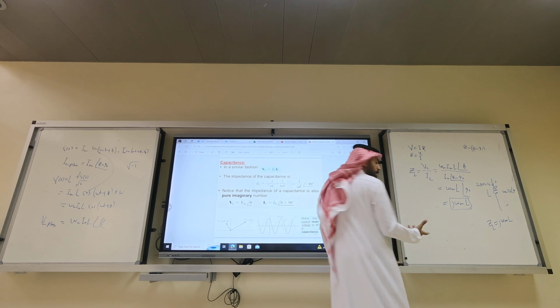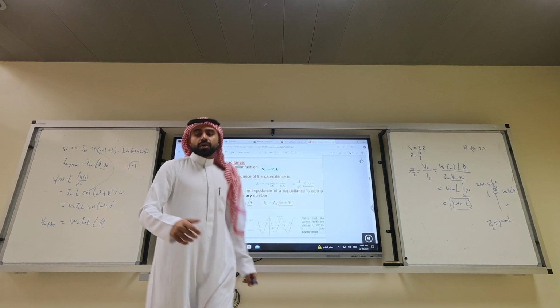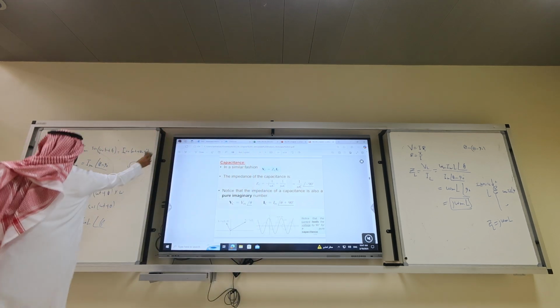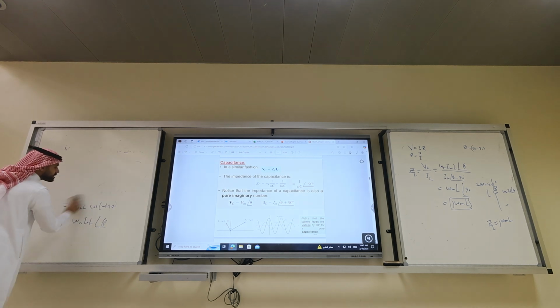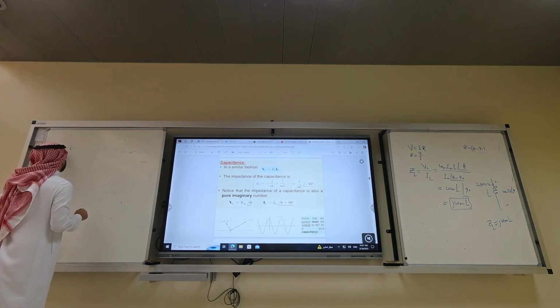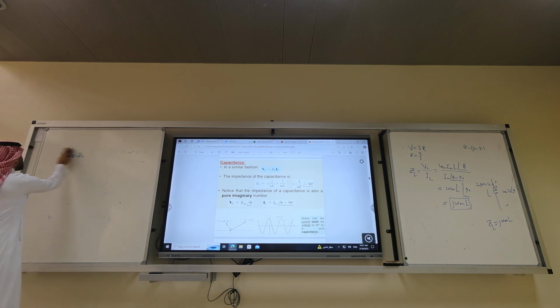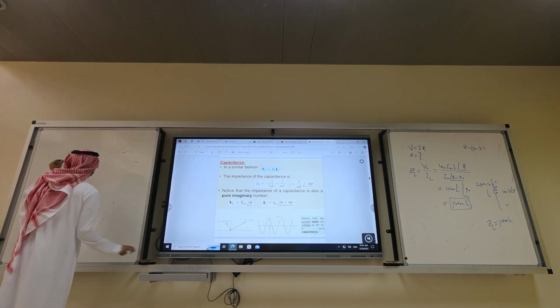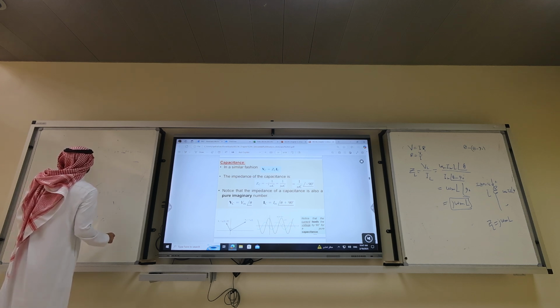So what's the impedance of a capacitor? If you want to do this exercise at home, we're not going to ask you to do it in the test. You have to start with V of C equals C times di of C dt.